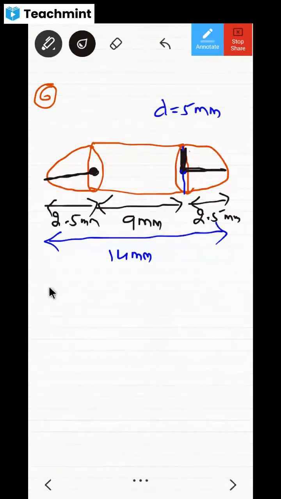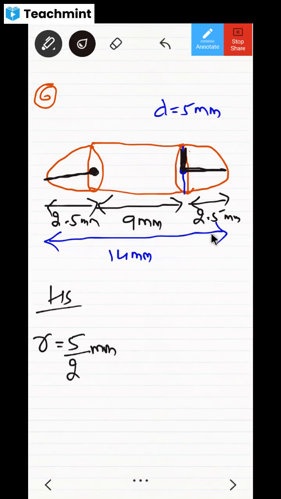Now you write about the hemisphere. What is the radius of the hemisphere? The radius of the hemisphere is 5 by 2 millimeter. Don't use 2.5, but can I call the radius 5 by 2 millimeter? Now, after that, there is a cylinder.